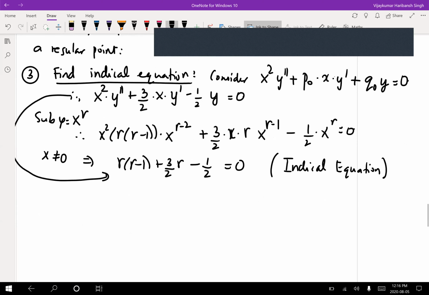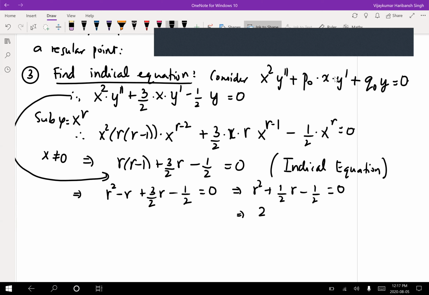Now we need to solve for r. If you simplify, you get r squared minus r plus 3/2 r minus half equals 0. This implies r squared plus 1/2 r minus 1/2 equals 0, so 2r squared plus r minus 1 equals 0.